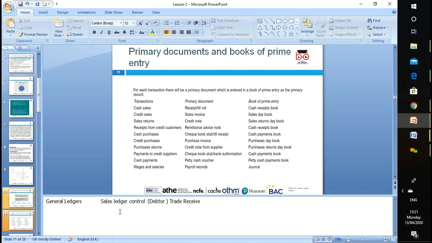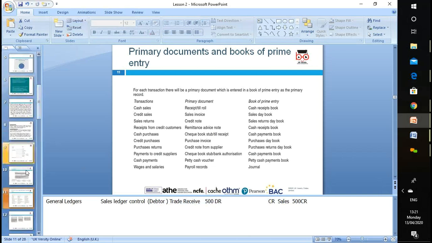So if I say I have to receive 500 pounds, we sold the goods, so the 500 I have to receive is debit, which is my asset, and I'll do credit my sales, which is my income, 500 pounds in credit. This is the book of prime entry, but this is the journal ledger. So we call it journal ledgers.